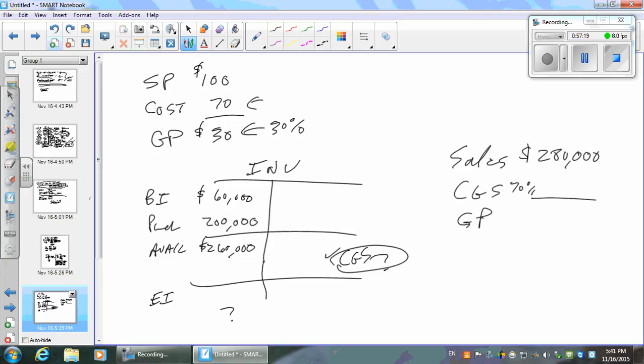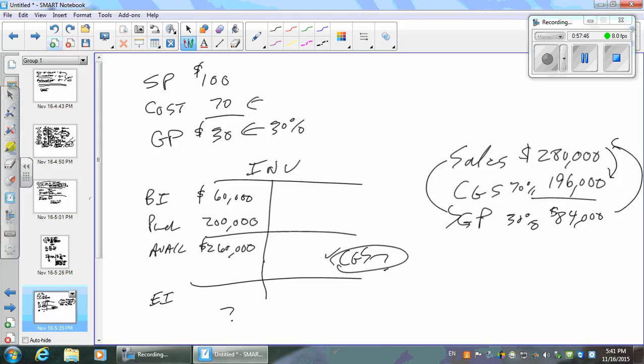What's 70% of the 280? 196,000. I don't know why, but they take 30% of it instead. What's 30% of the 280? 84,000. And then they take the 84,000 away from the 280, and what do they get? 196.